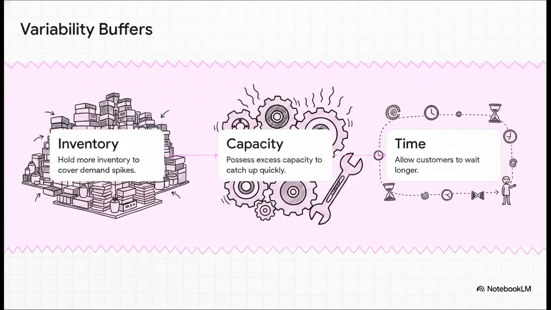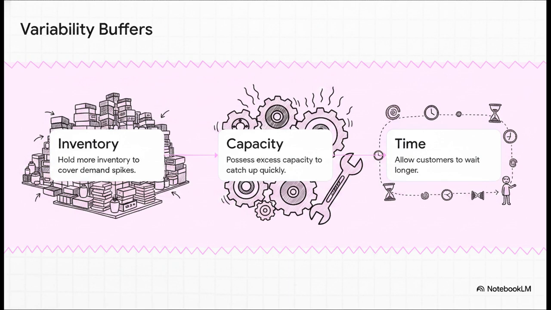Because of this inevitable degradation, variability must be buffered. The laws of physics dictate that a system can only absorb this chaos through three very specific mechanisms: inventory, capacity, or time. I want you to consider your own operations for a second. If your process is highly variable and you absolutely refuse to make your customers wait, meaning you cannot use time as a buffer, you must pay for that variability somewhere else.